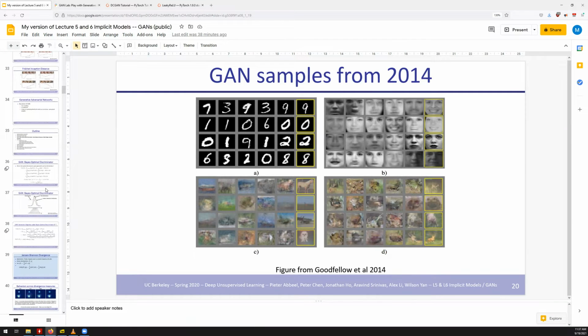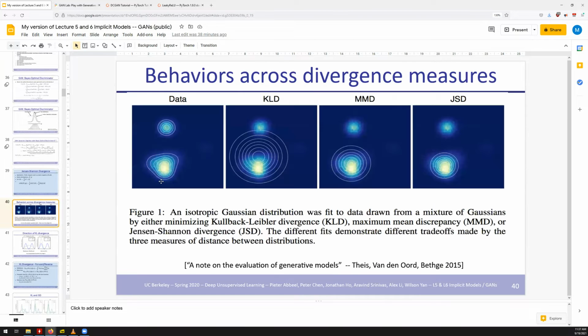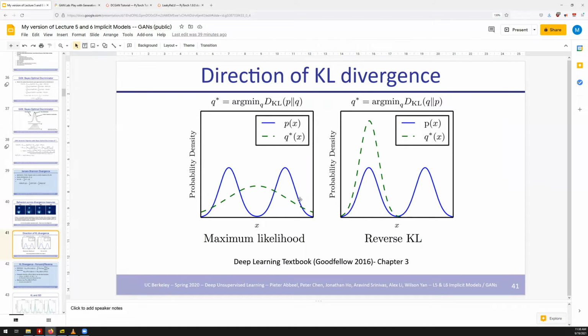Yeah, here. Suppose this is our data. Then KL divergence will try to cover everything. It has to, and JSD, the Jensen-Shannon divergence, can just go to one mode. So if you use maximum likelihood and it's multimodal, then it has to cover all the modes.